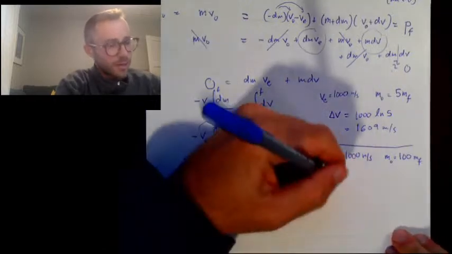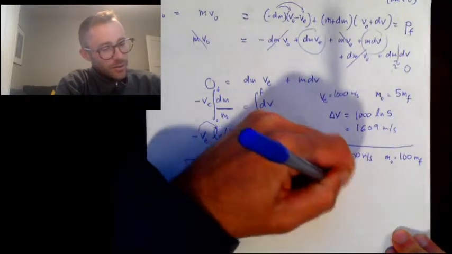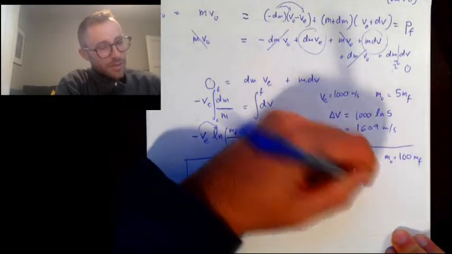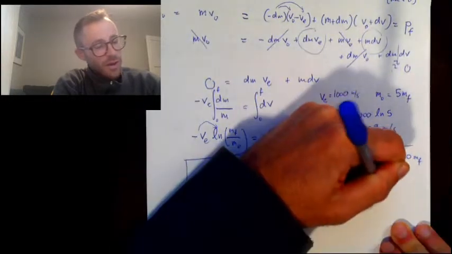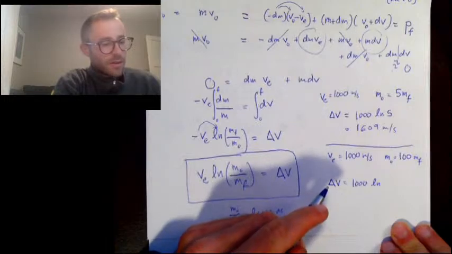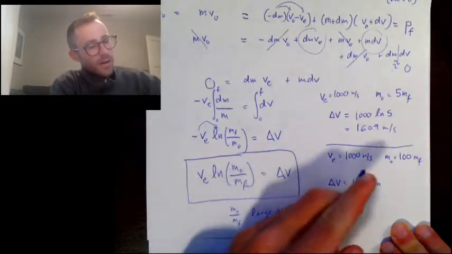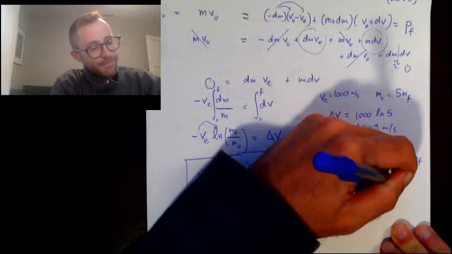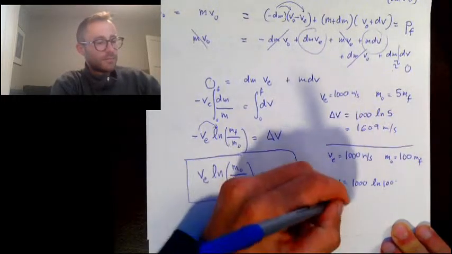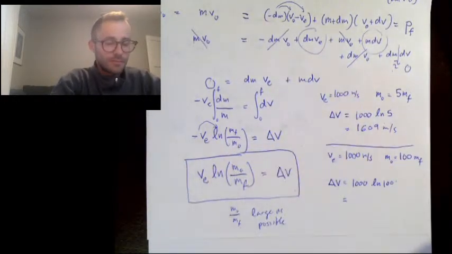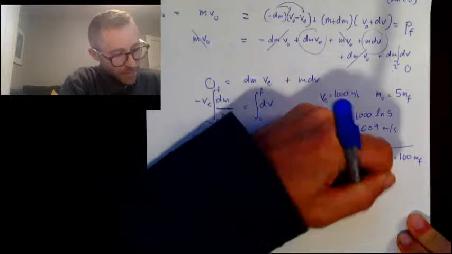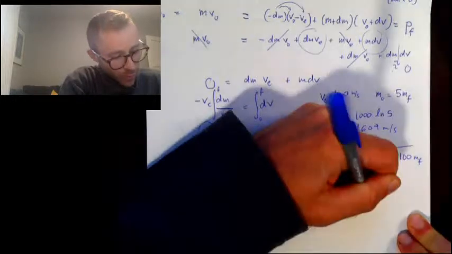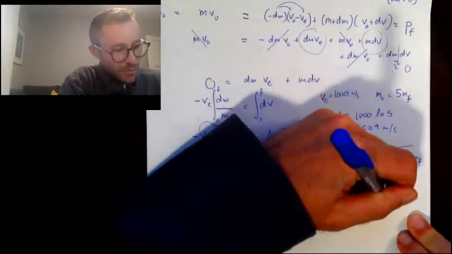So what would we get? Delta V is 1,000 times the natural log of 100, and that gives 4,605 meters per second of delta V.